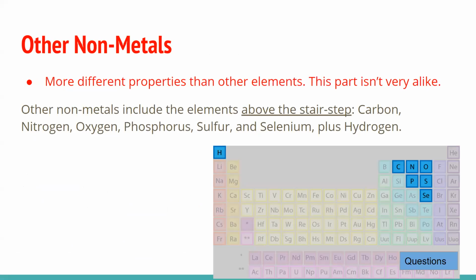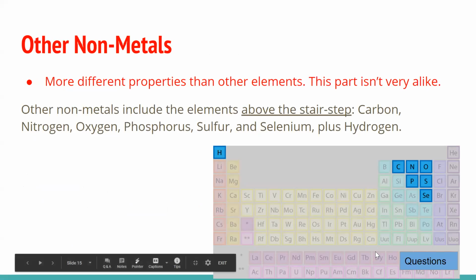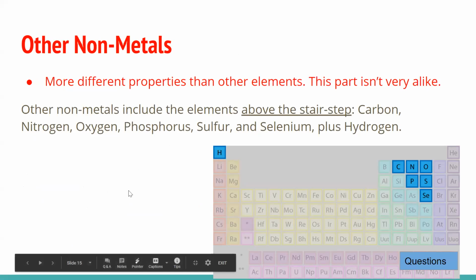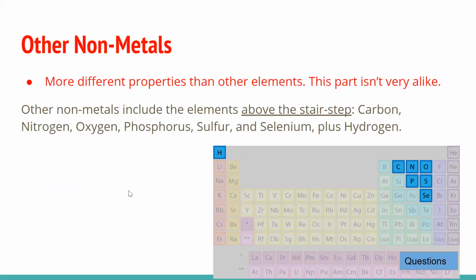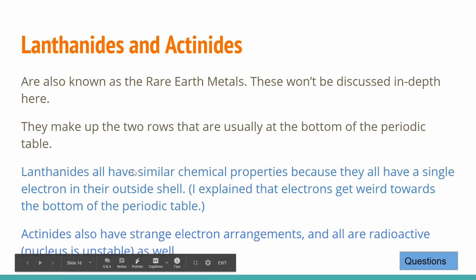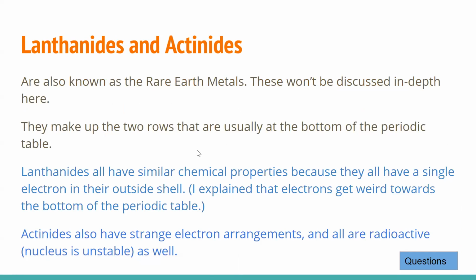Even as they count across here, because of something called infilling, they all have the same number of electrons in their outer shell. I believe lanthanides all have 3 electrons in their outer shell, and so they will all attach together with the same element that's looking for 3 electrons. And it makes it really hard to separate lanthanides from each other. They're called rare earth metals. They're actually not all that rare. It's just rare to get them by themselves.